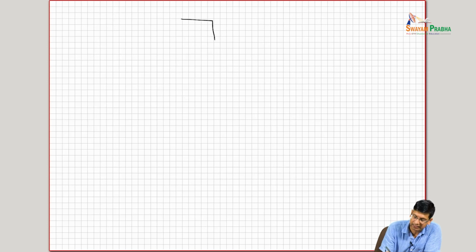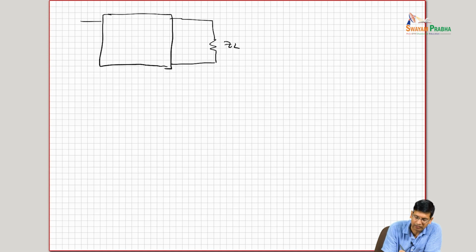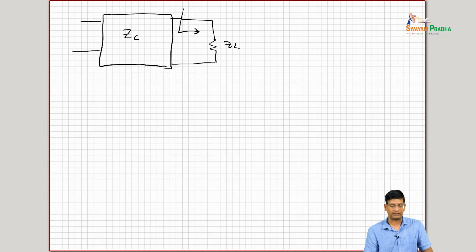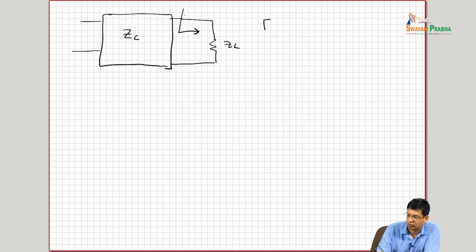Where whenever there is a certain load and I am connecting to it with, let's say, a transmission line which has a characteristic impedance ZC, right? And I think about the reflection here, I can basically show that my reflection, which I'll call gamma L, is basically ZL minus ZC divided by ZL plus ZC.